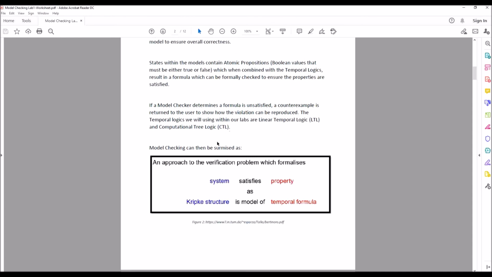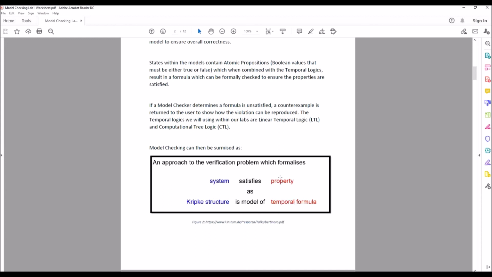Model checking can then be summed up as an approach to the verification problem. The verification problem is: does your model do what you think it's going to do? Does the system satisfy the property? So we have properties, and does your system satisfy them? A Kripke structure, which is a type of system, is a model of a temporal formula which represents our property.